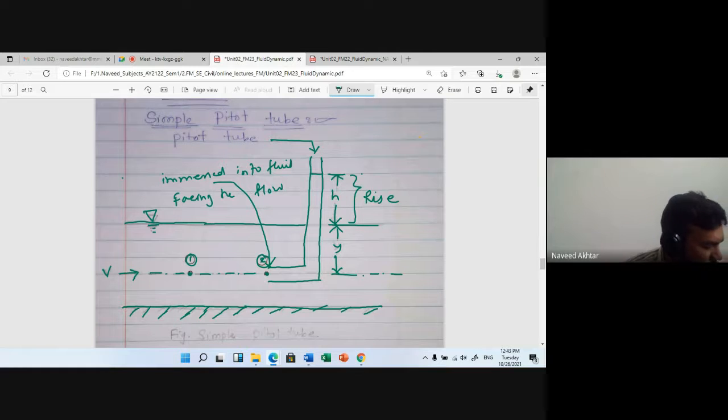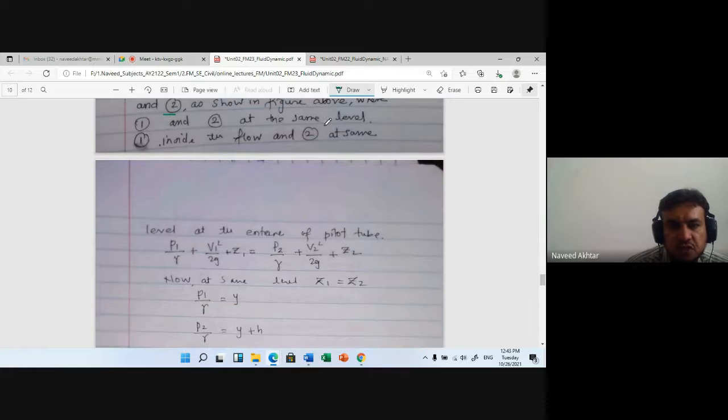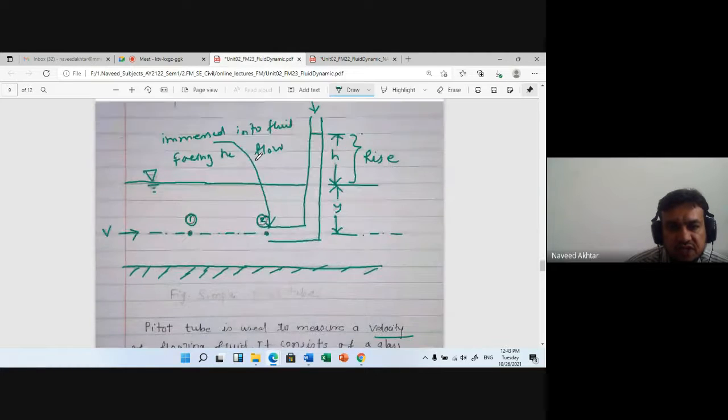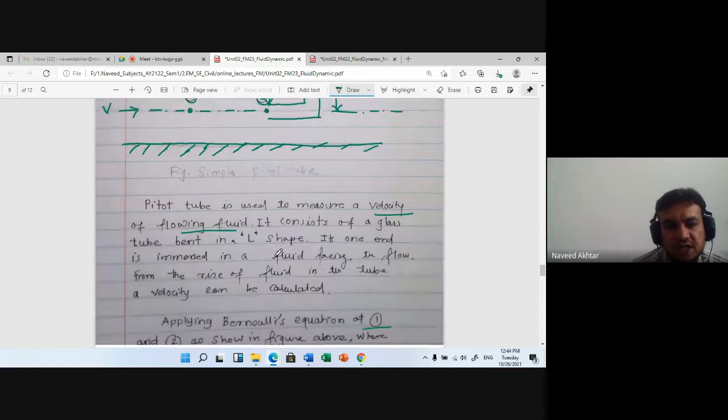Here also you can apply Bernoulli's equation at section 1 and section 2 as shown in the figure. Section 1 is inside the flow, and section 2 is at the same level at the entry of the pitot tube.